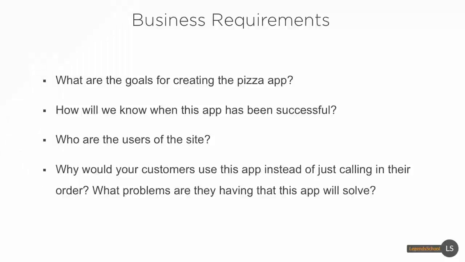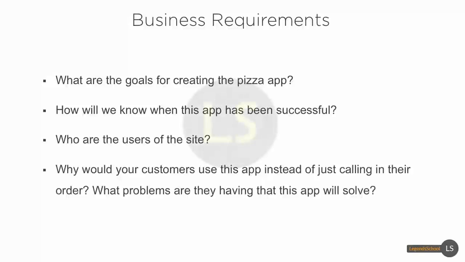Some examples of this would be to ask and get clarity on what are the goals for creating this pizza app. Say you're talking to Luigi, the owner, and he says, well, the goals are to make more money. And that's a standard goal that most businesses have, but you want to get clarity on that.